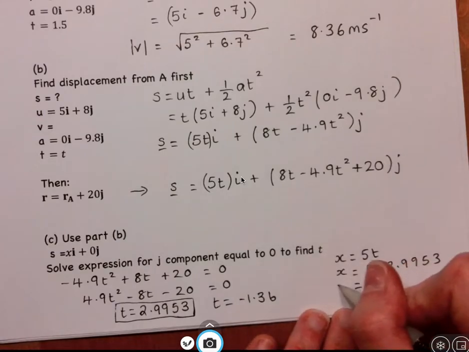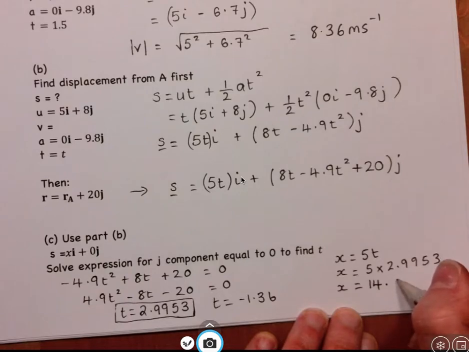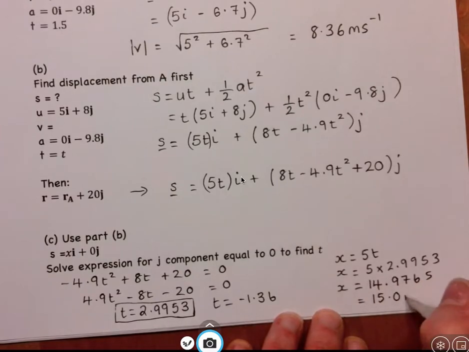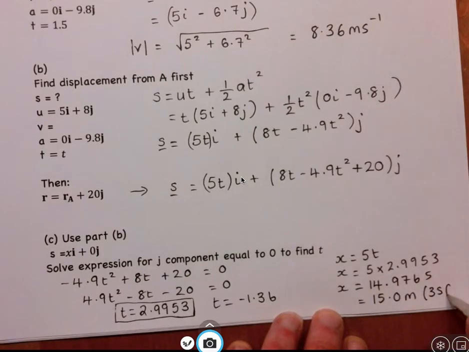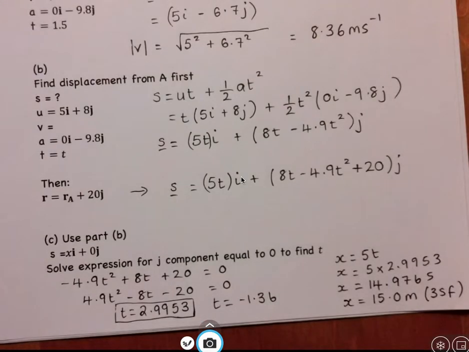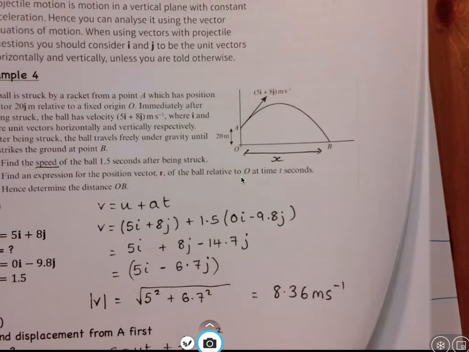And it tells us that the x distance is 14.9765, or 15.0 meters to 3 significant figures. All right, so that's the way that we can do it if all the information is in i and j.